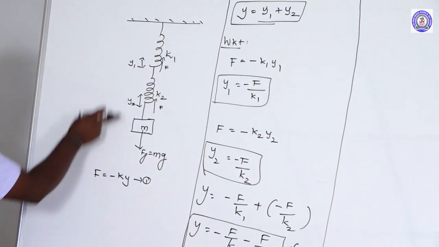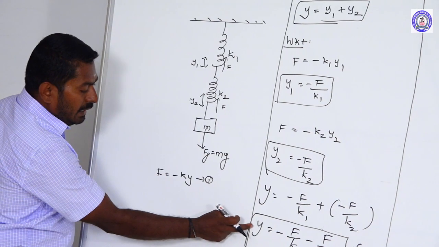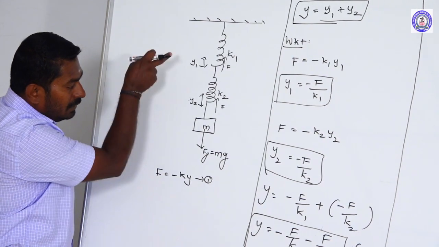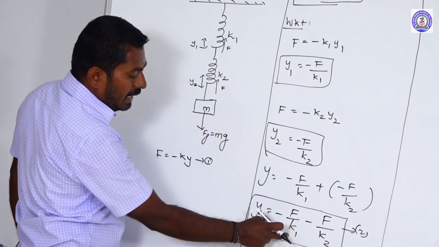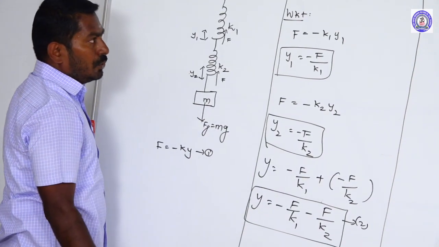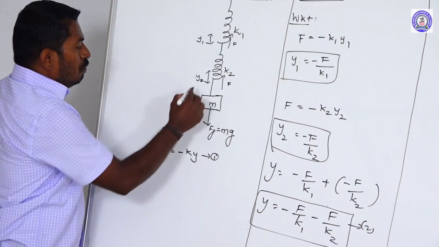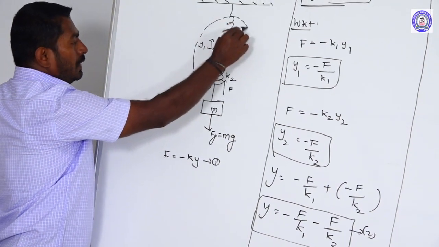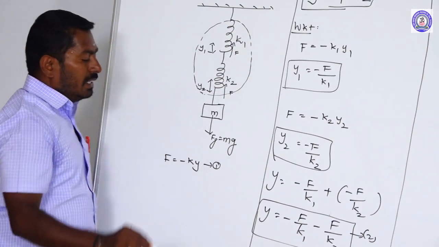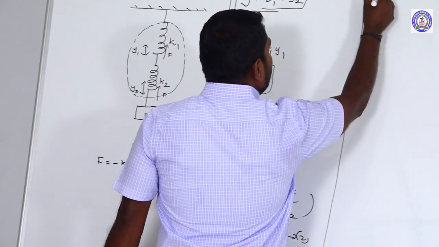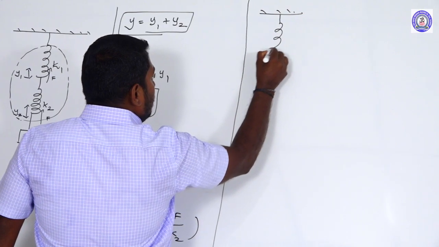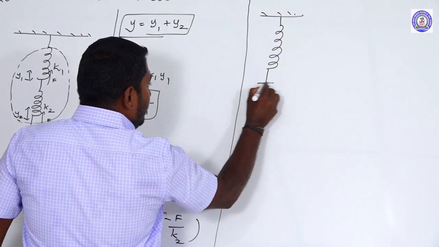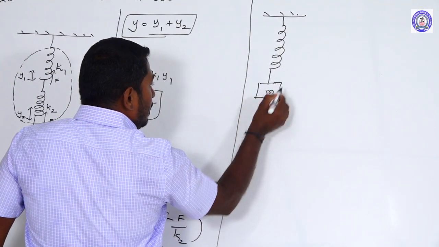If two springs are connected in series, the total extension produced along the y-axis is y equal to minus F divided by K1 minus F divided by K2. Now both springs are replaced with a single spring. One end is tied to the rigid support, and the free end is loaded with the same mass m.